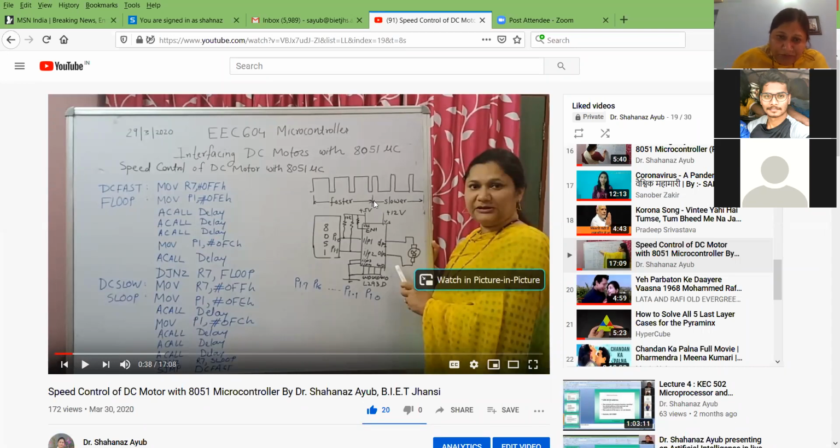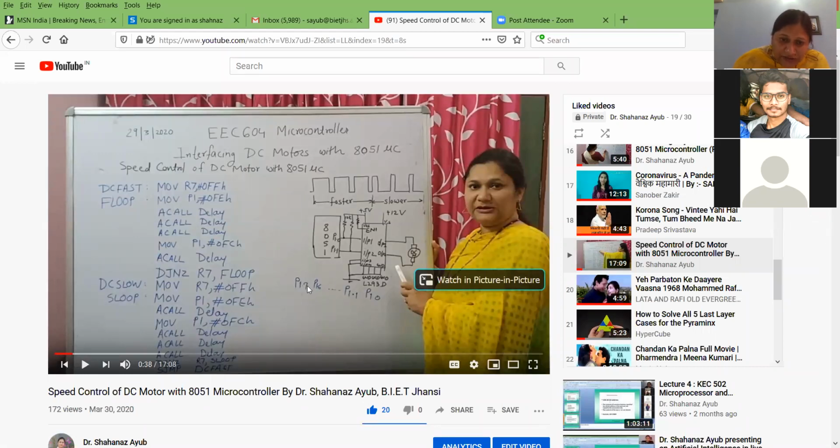So how to implement this in a program? Let's say suppose you want to run the motor for the same duration for faster and the same duration for slower, then we will put one count in the R7 register as a counter. And we are taking the initial pattern as FE.